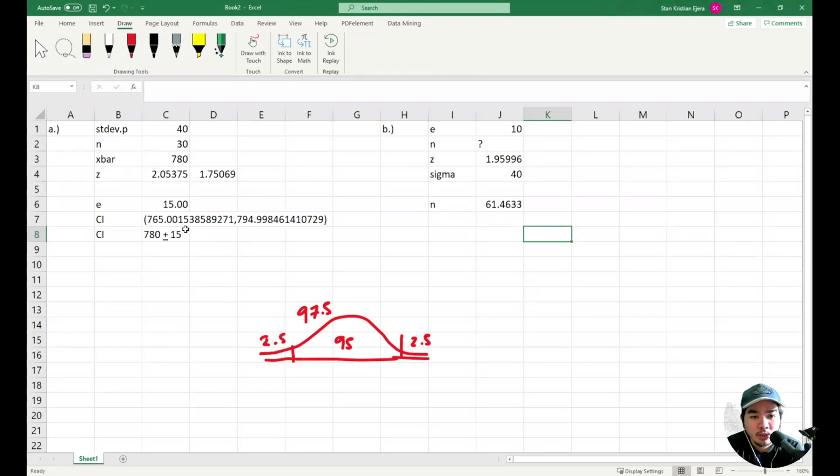If we want our samples to be 780 plus minus 10, then we need to test at least 62 samples to be sure that the average value, or X bar value, is within plus minus 10. Okay? So that's estimation for mean. Let's proceed to the next example.